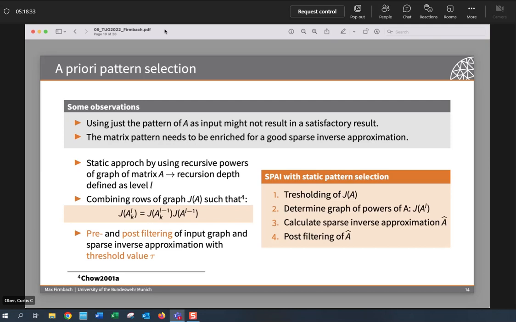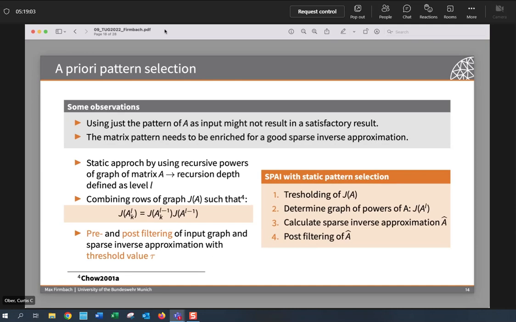And you can do this recursively as often as you want, but of course your matrix will get denser and denser, and there's always this kind of sweet spot between good approximation and density of your matrix, and of course also calculation time. Additionally, we apply a pre and post filtering of our input graph and of our sparse inverse approximation, which basically results in a quite simple algorithm.